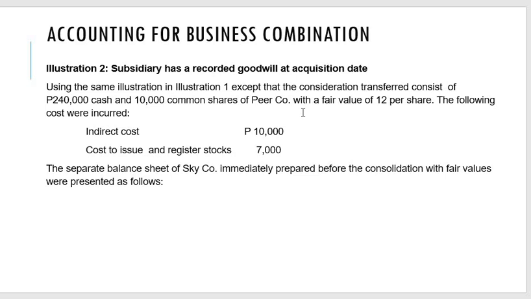So the following costs were incurred. Thus we have indirect cost amounting to 10,000 and cost to issue and register stock 7,000.